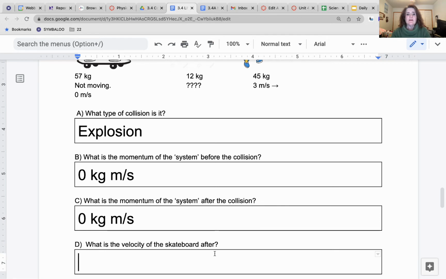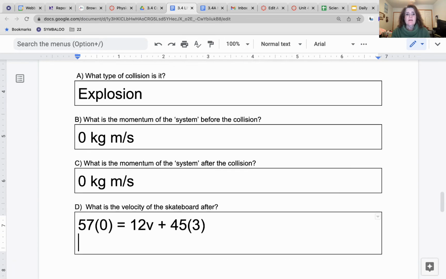Writing our algebra equation, 57 times 0 has to equal 12V plus 45 times 3. And solving that equation, we get the skateboard goes backwards at a negative 11.25 meters per second.